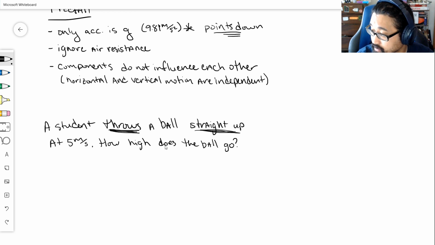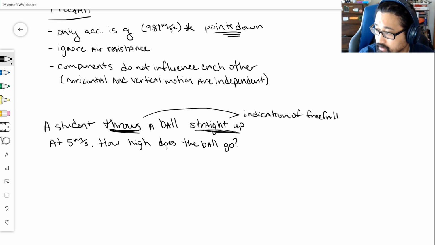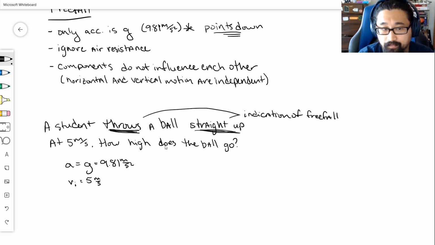First, these words are an indication of free fall. So that tells me the acceleration is g. I know that this is true for this situation. I also know that the initial velocity is 5 meters per second.